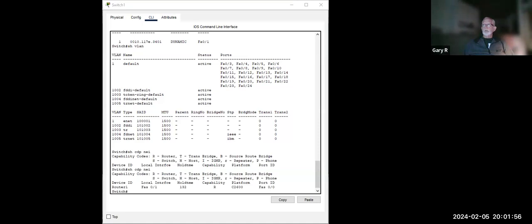Let's go. I'm going to go to my IP config, make sure I've got that right. Oh, suddenly I don't have an IP address here. See if this fixes it.